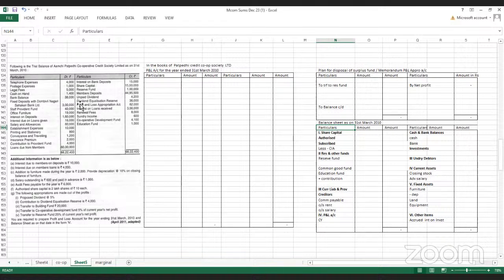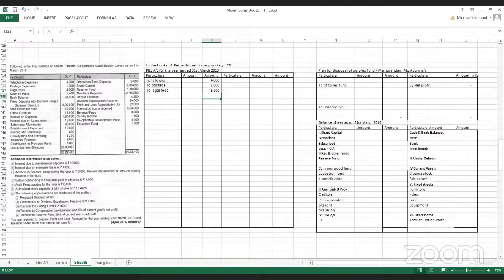First one is telephone expense, 4,000. There wasn't any adjustment on this. Postage, 1,000. Legal fees, amount is 5,000.